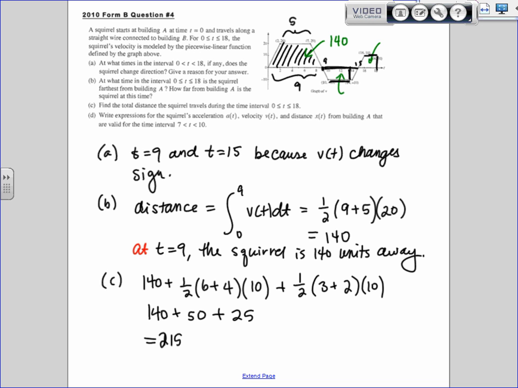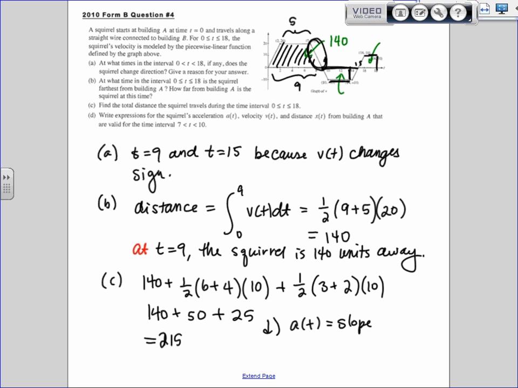Okay, and then the last part says write expressions for the squirrel's acceleration, velocity, and distance from building A that are valid for the time interval 7 to 10. If I was doing the acceleration from 7 to 10, that's going to be the slope of the velocity function. So could you find the slope from 7 to 10?